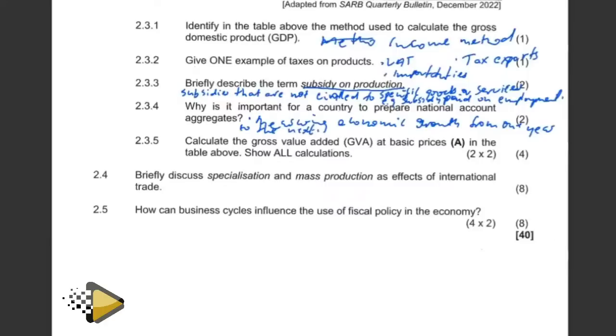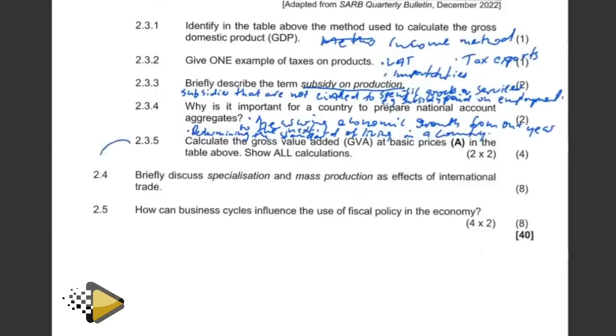And also, it means that we have determining the standard of living in a country. Okay, right. So now moving on to the next question.